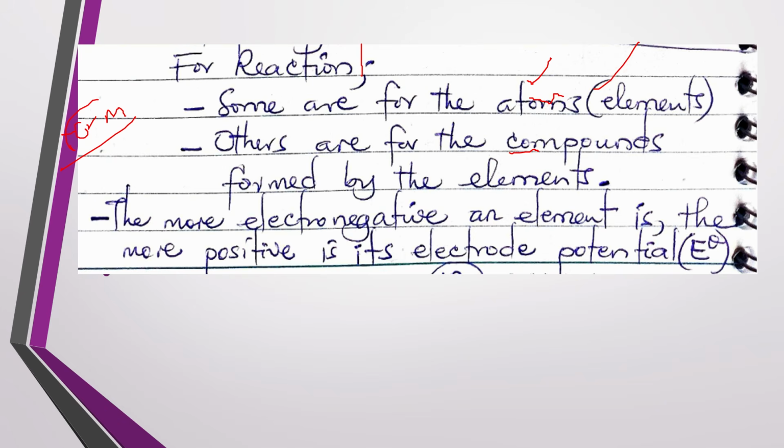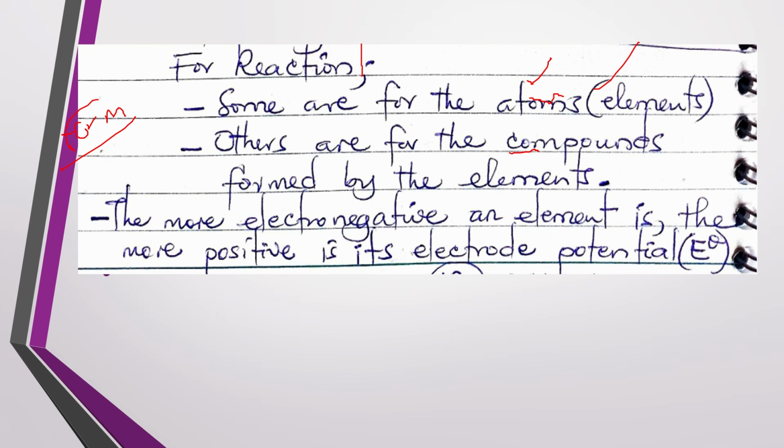So if at all you're talking about a property or a reaction involving compounds or ions, you have to tell us that both of those elements are going to form; that word must be there. Both of them form compounds or they form ions that engage in such and such a reaction. I hope that is clear.